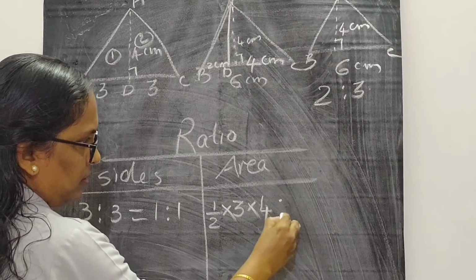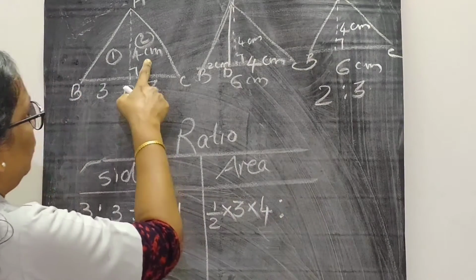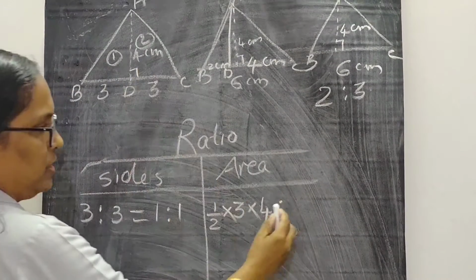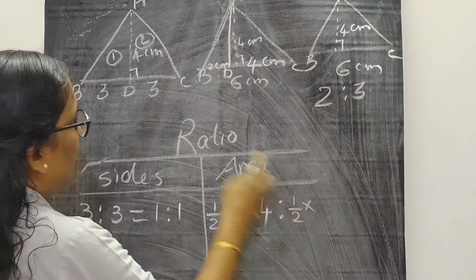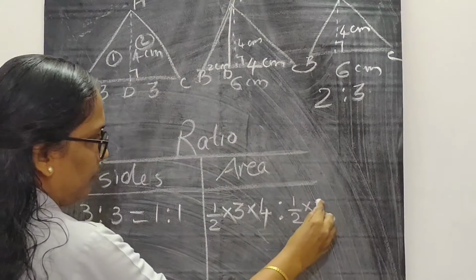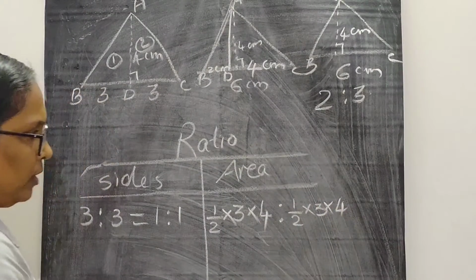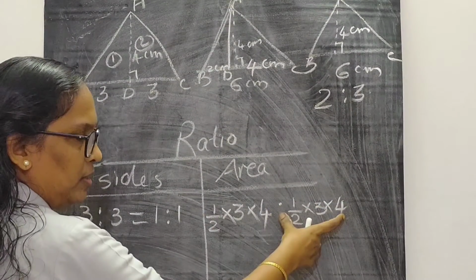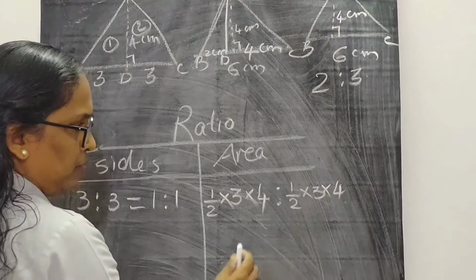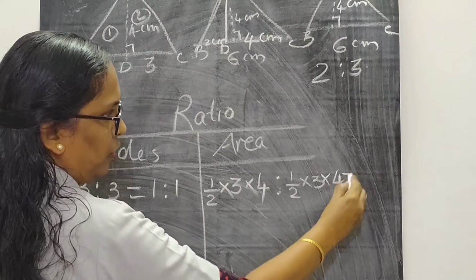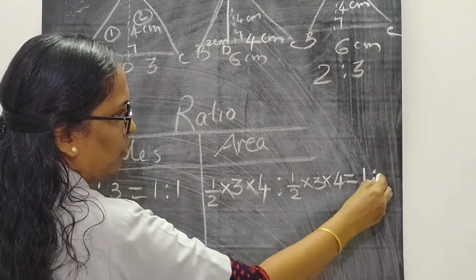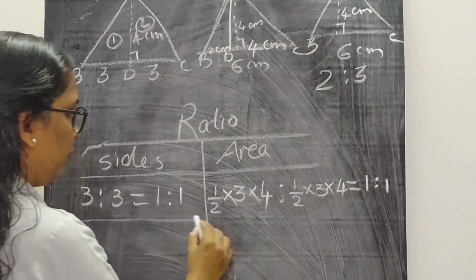Then the ratio to the area of the second triangle, half into base 3 centimeter and height 4 centimeter. Here both are the same, so we can cancel these and simplifying like this, we get the ratio as 1:1. This is the first figure.